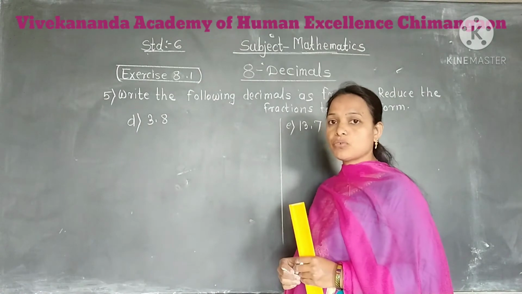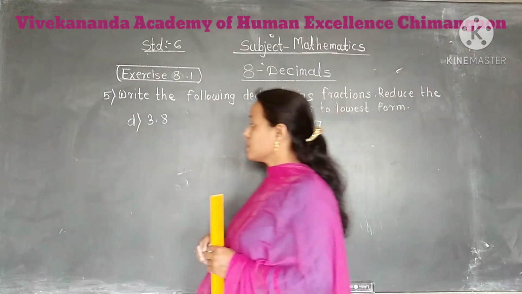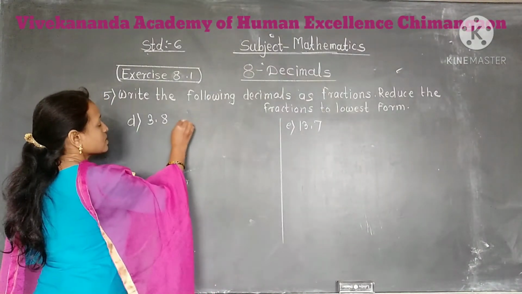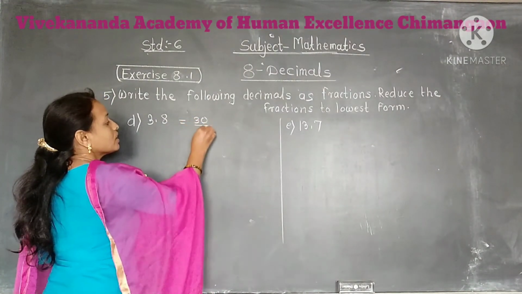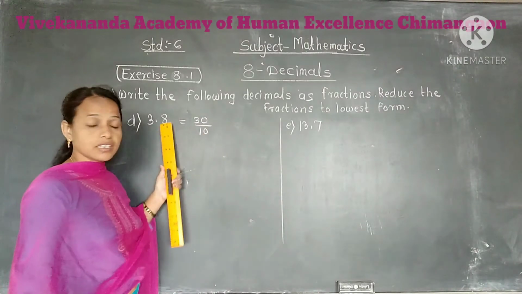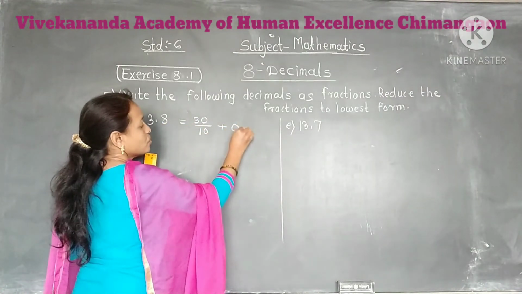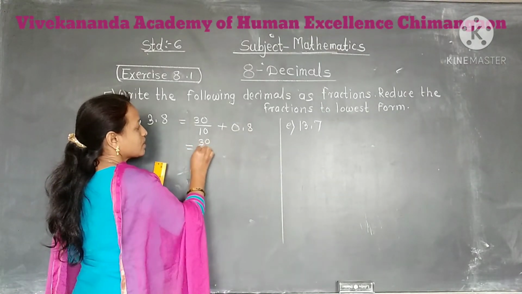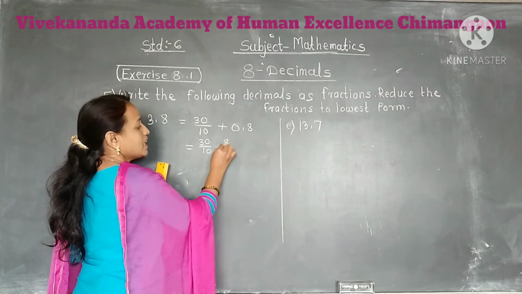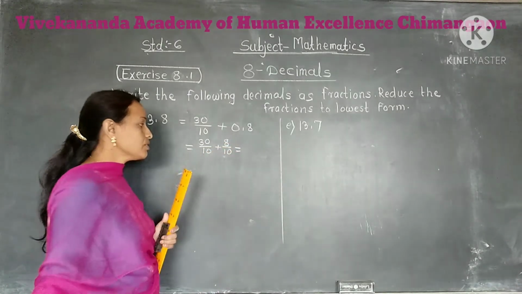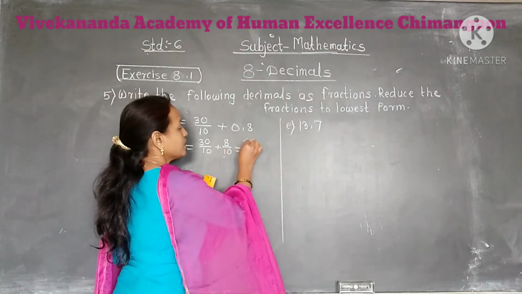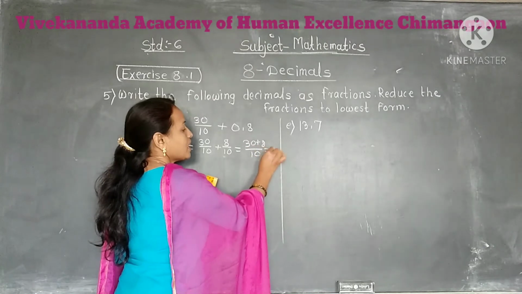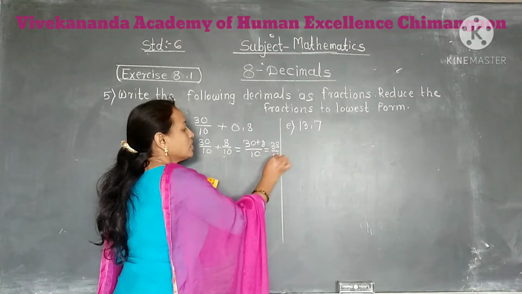Next example, 3.8. So we write it as a fraction: 3 we write as 30 upon 10 and 0.8, so 30 upon 10 plus 8 upon 10. Now these are like fractions, so we add, we get 30 plus 8 upon 10, we write as 38 upon 10.